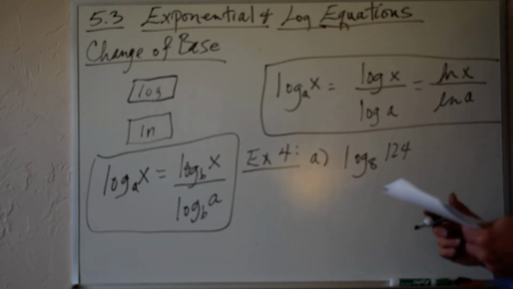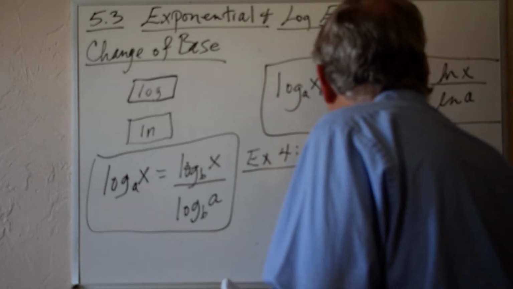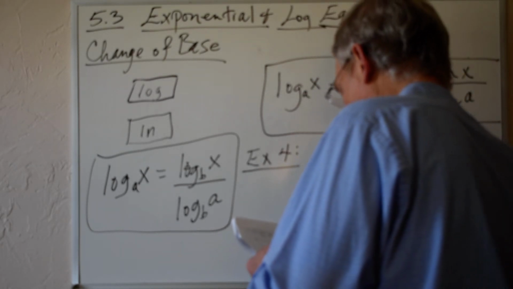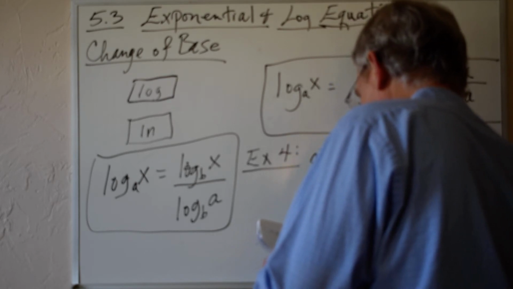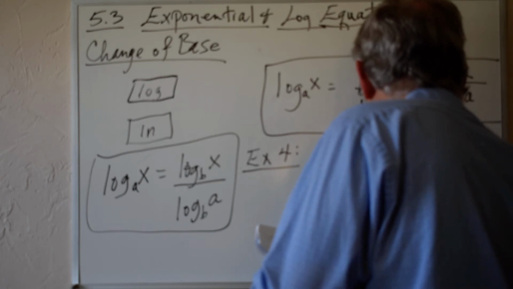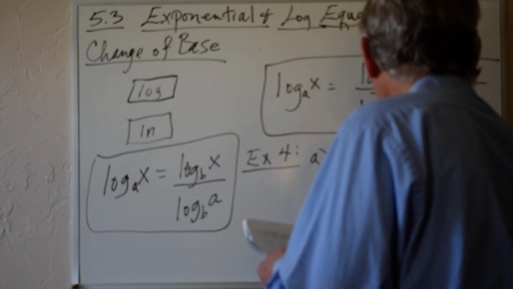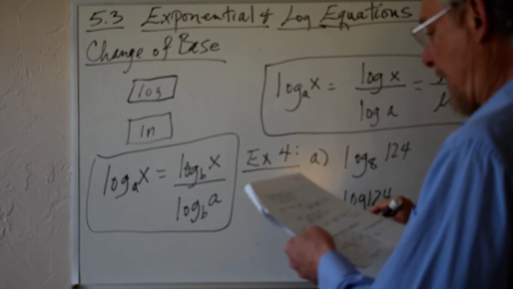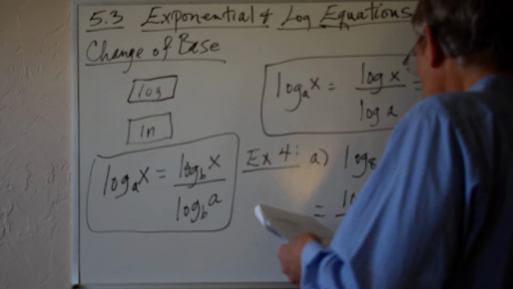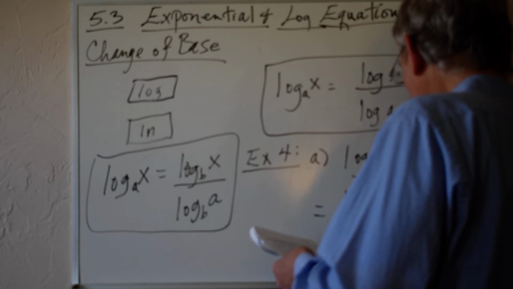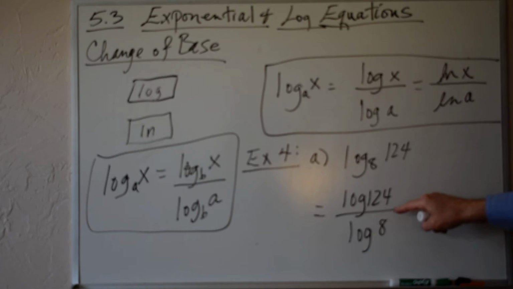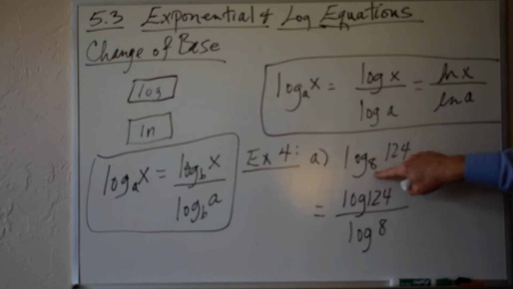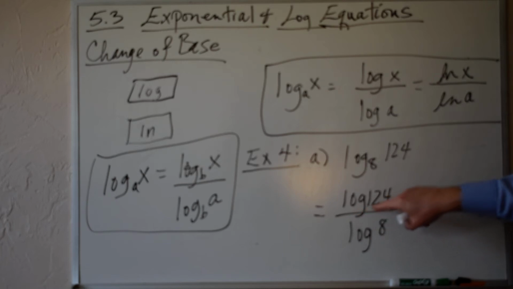So we convert, in this example, to the log base 10. So using this rule up here, I take something that's log base 8 and I can convert it to something that's log base 10 over log base 10.